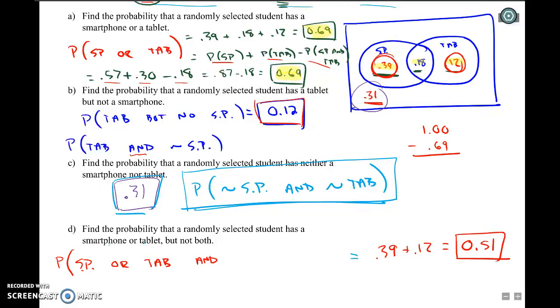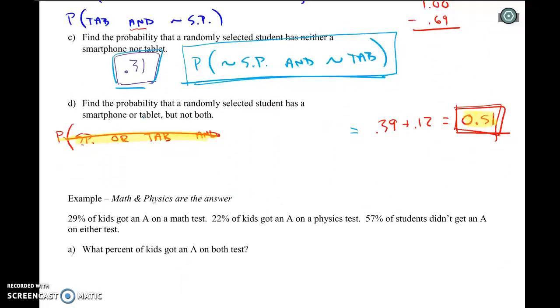Has a smartphone or a tablet and... I don't know. I fail. Sorry. This is the answer though. I don't really want to give up on this so easily, but I also don't want to sit here and think about it for 5 minutes on the video while you're watching. So let's just forget about it.